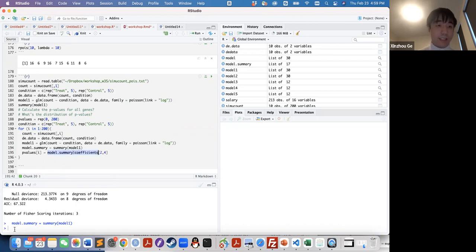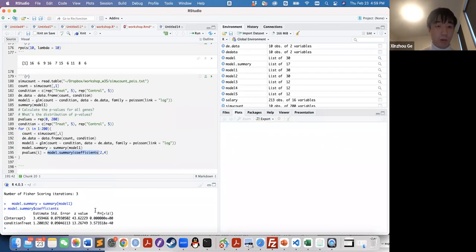If we look at the coefficient part of the summary of the model, we will see that it has 2 rows and 4 columns. The second row will be about the predictor of interest, and the fourth column will be the p-values. So we will get the second row and the fourth column of this matrix, and we will store it as the p-value.